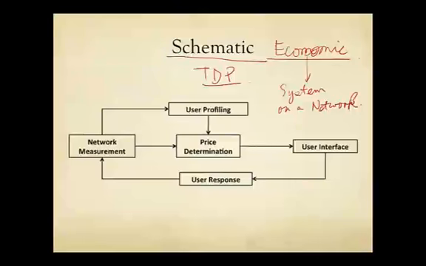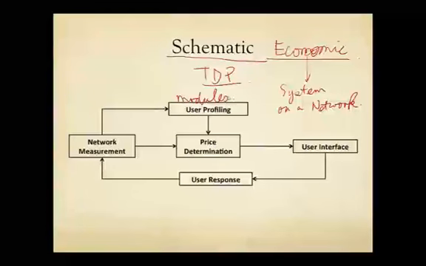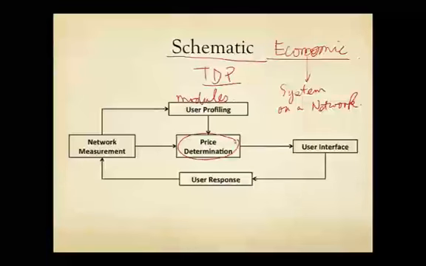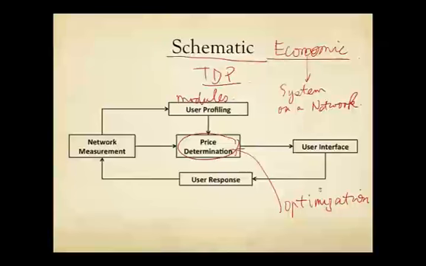So here are the 5 main modules of a typical TDP schematic. At the center of it is the price determination. This is where we have to solve some large-scale optimization problem and say, what price should I set? What rewards should I be announcing and handing out?